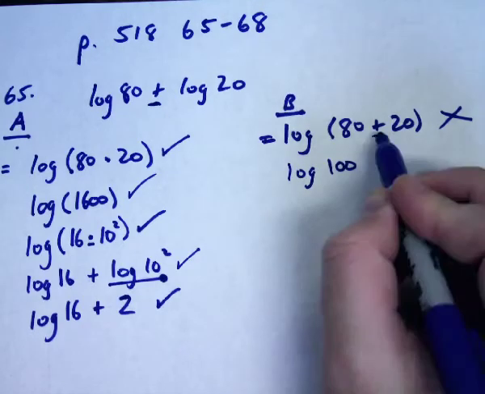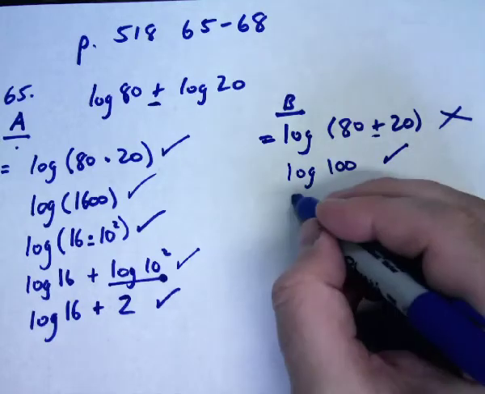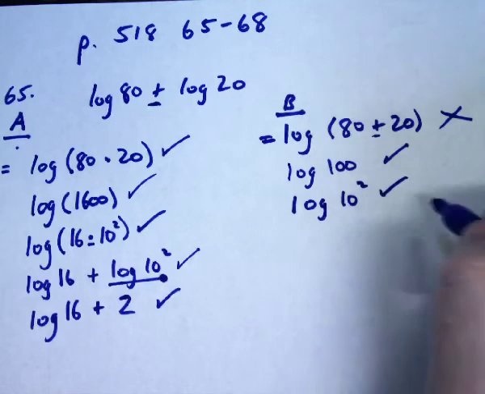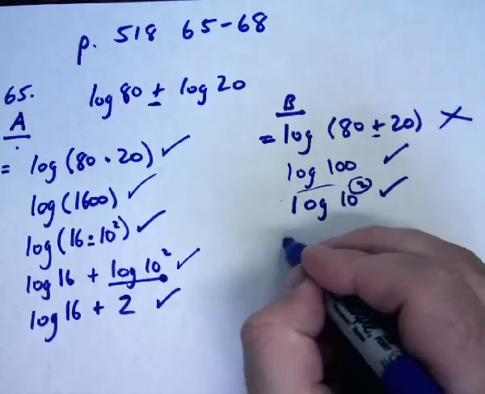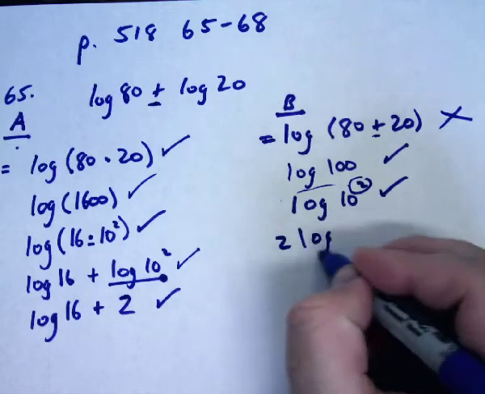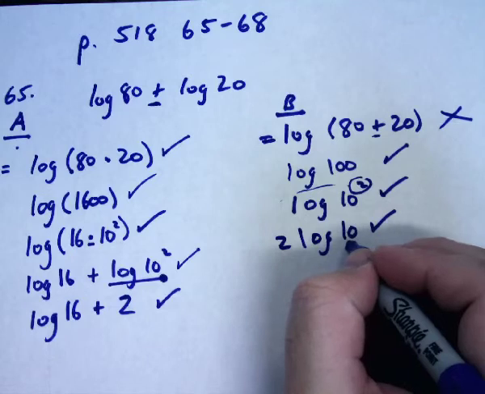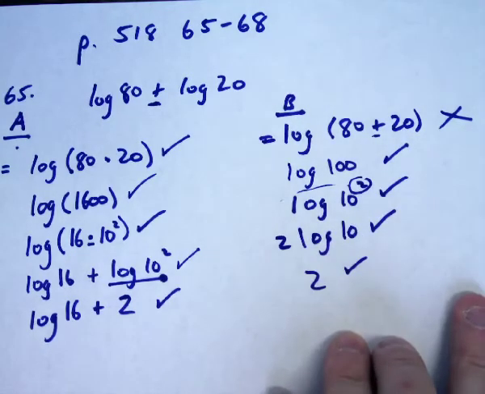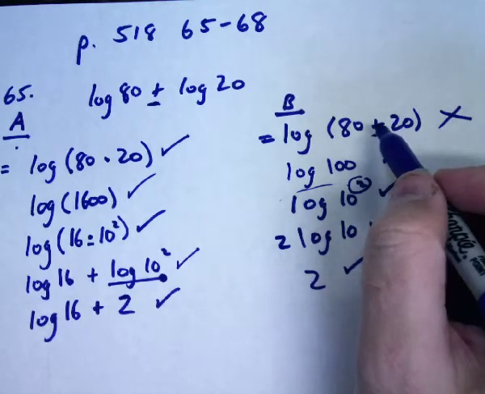Well, if we added 80 and 20, that would be log 100, which is the same thing as log 10 squared. By the power rule, we can move this out in front, so it would be 2 log 10. And log 10 would just be 1, so 2 times 1 would be 2. So everything else checks out, but that first step is wrong. So that's where B goes wrong there.